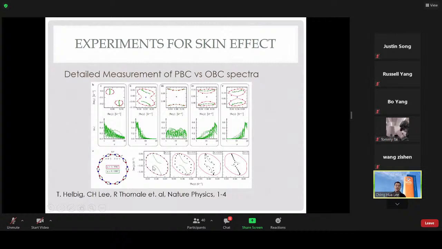The OBC will be measured to be a line. And if we look at these cases, there's almost a perfect agreement between experiment and theory. The reason is just because circuits are a mature technology, where it is not so non-trivial to achieve a high level of precision.